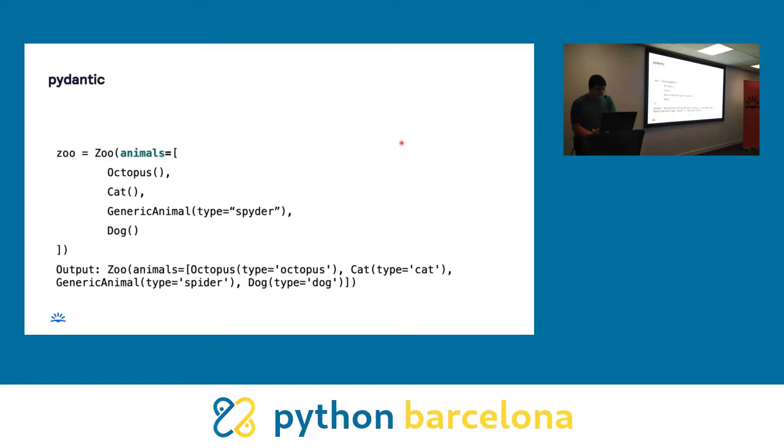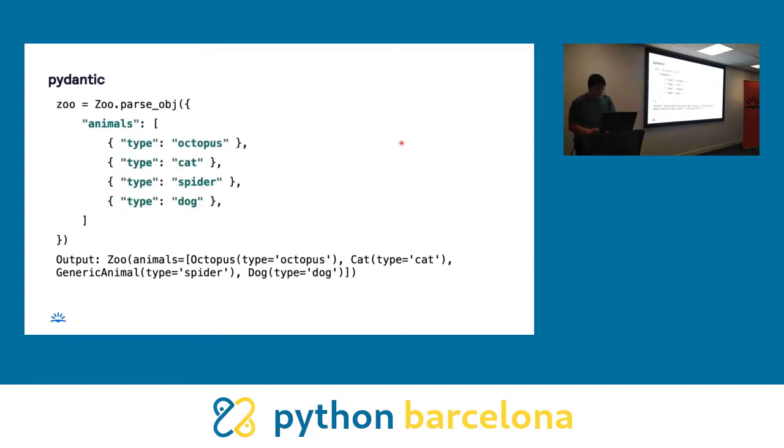And if we go one step further, we can see another cool thing about Pydantic. Pydantic allows us to parse objects from dictionaries, or from YAML files if we passed them previously to a dictionary. So we say that we have the class Zoo, and we call the static method parse object.